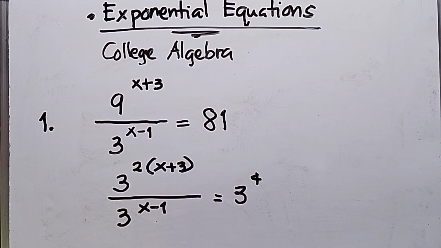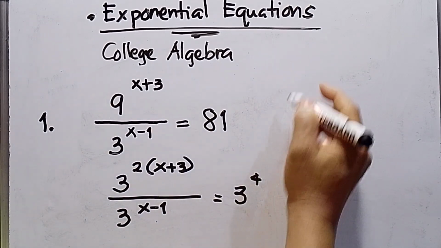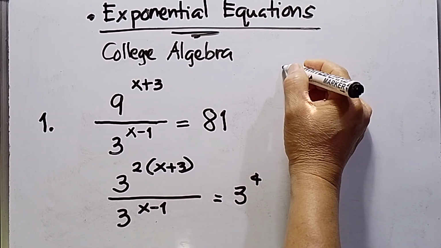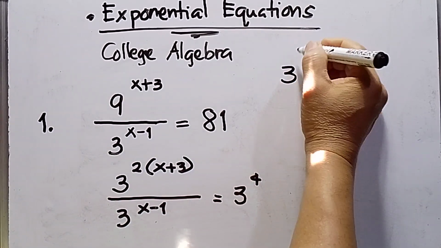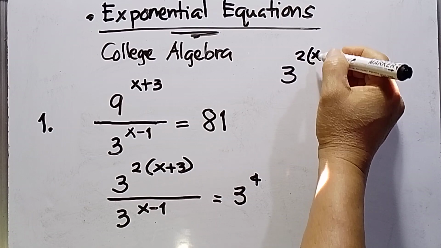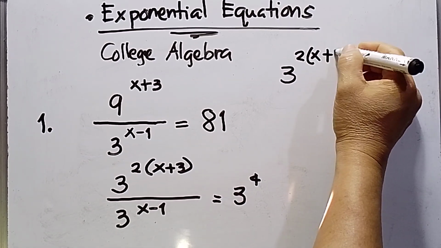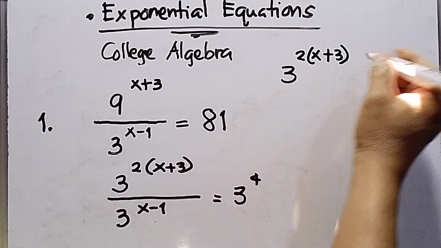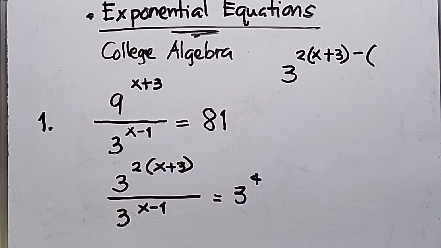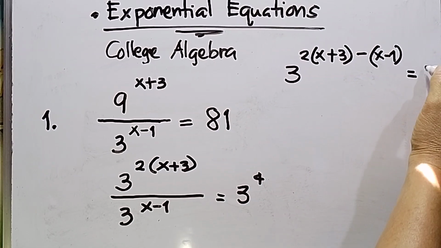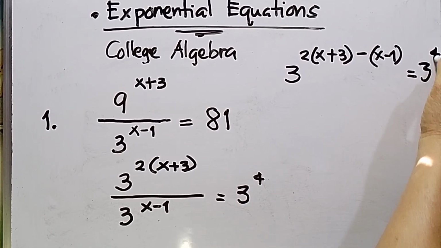Okay, so apply laws of exponents. So this will be 3 raised to 2 times the quantity x plus 3, then minus the quantity x minus 1, is equal to 3 to the fourth power.